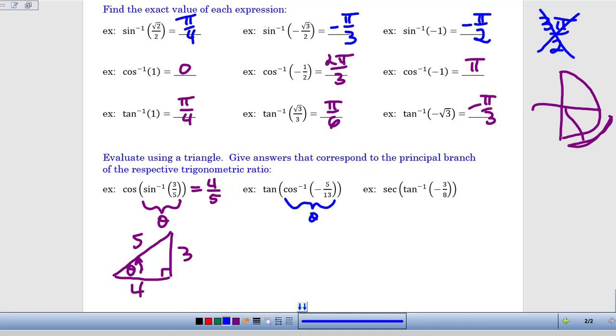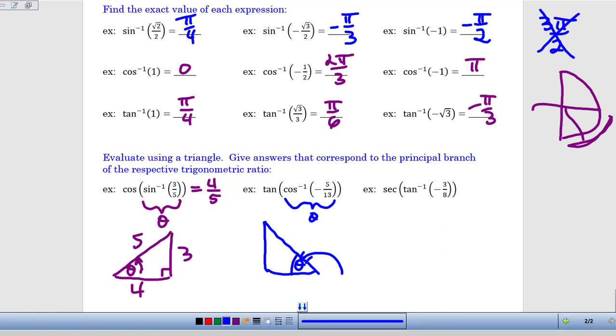So I'm going to draw our angle so that it is in the second quadrant, but then I'll use this reference angle as my tool to actually figure out what is the triangle that I'm working with.